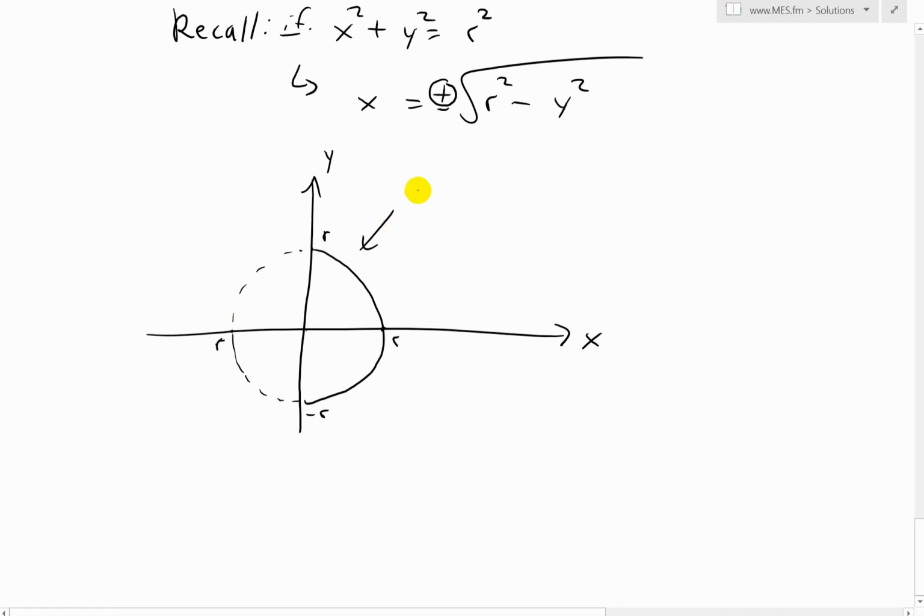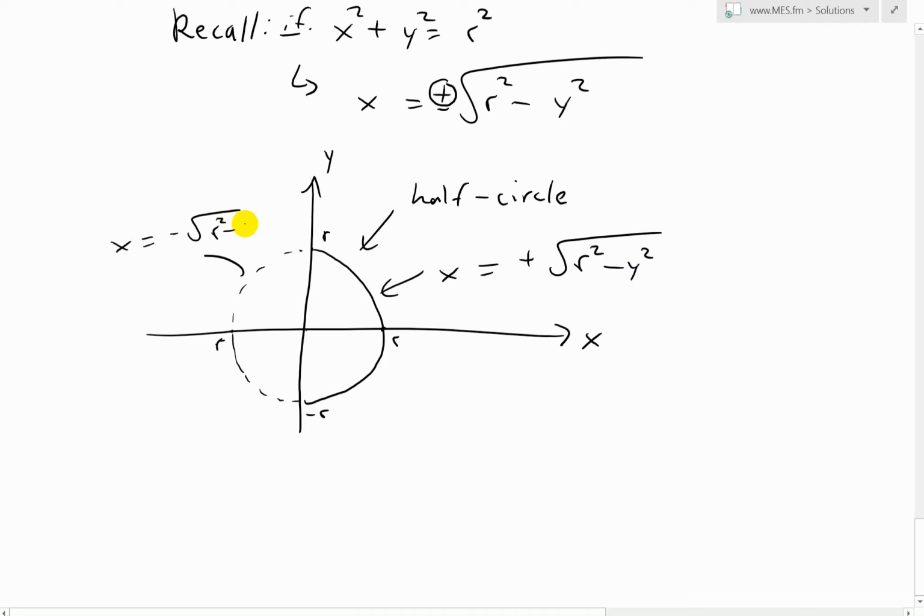So this is basically a half circle, where the right side in terms of y is x equals the positive square root of r squared minus y squared, and the left side is x equals the negative square root of r squared minus y squared.